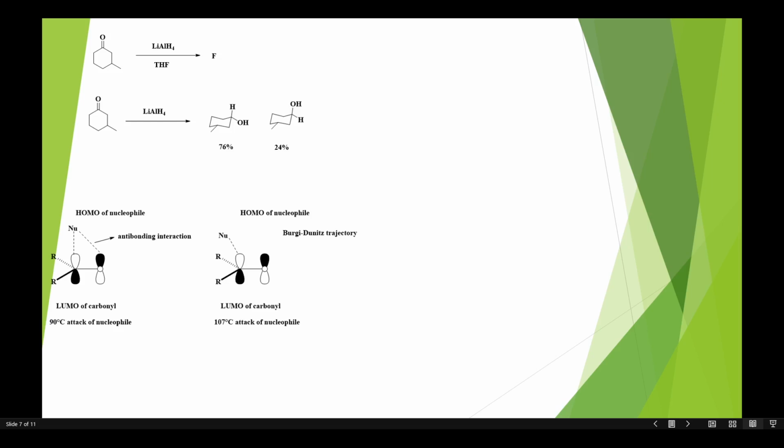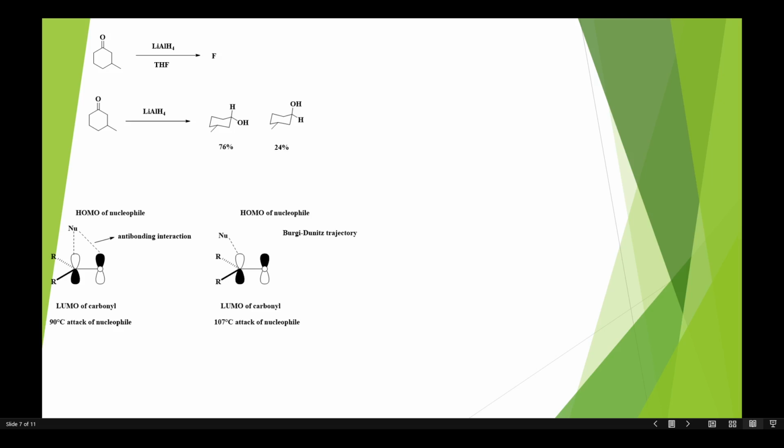In those particular carbonyl cases, you will get an angle of attack of 107. Suppose in an SN2 reaction, what is your angle of attack? It is backside attack, because in an SN2 reaction you have the sigma star orbital of the carbon and the X group, the halogen or leaving group.